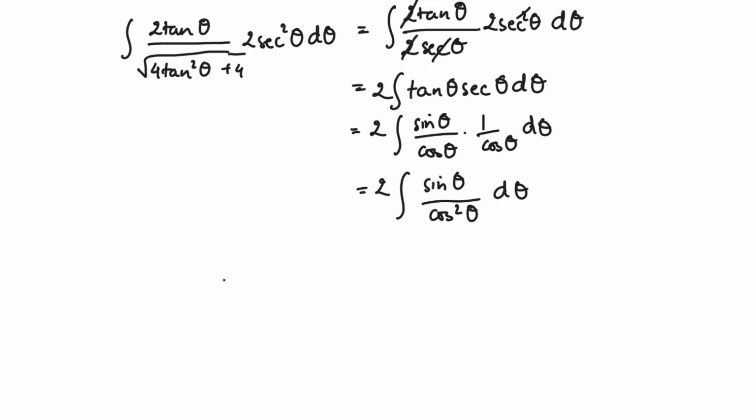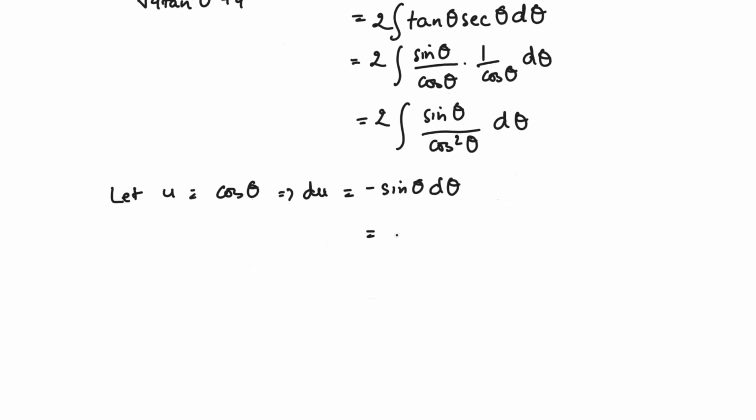Next, to evaluate this integral, I have to use substitution, because I noticed that if I let u equal cosine of theta, I'm going to have the derivative du equal to minus sine theta d theta. If I plug u back into this integral, sine of theta d theta is negative du, and cosine square is going to be u square.